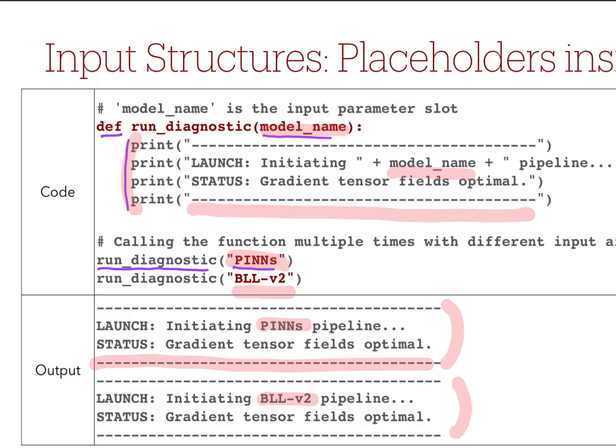The placeholder model name will be created for a moment, and it exists only when that function exists. When the last line of the function body has been executed, the function will be erased from the memory, and at that point, all the variables created inside the function will also be erased. So that's what happens with this function.